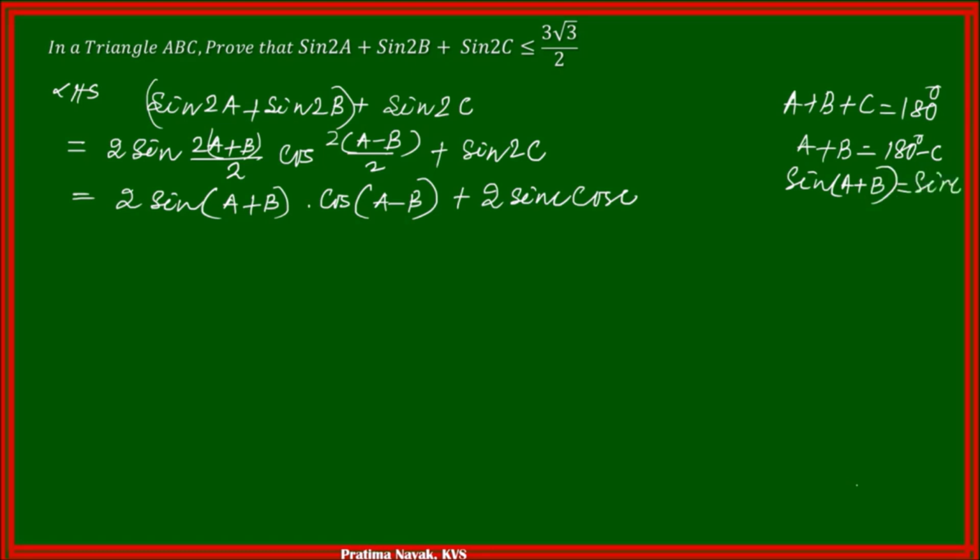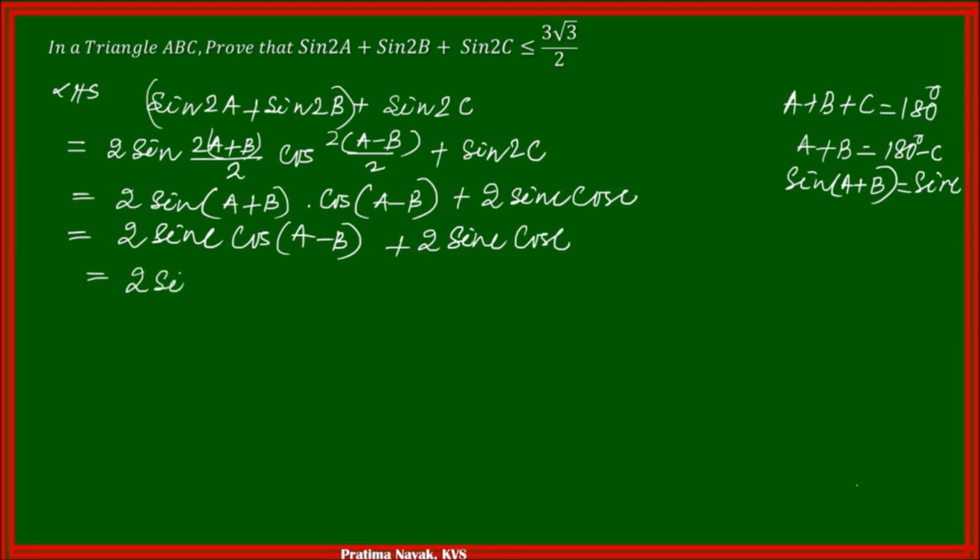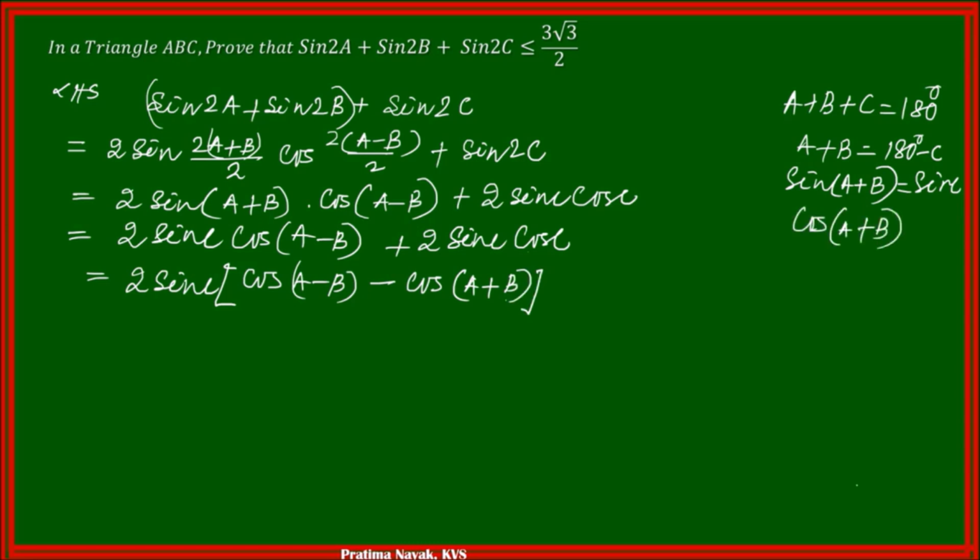This is the same as sine C. So this can be written as 2 sine C cos (A minus B) plus 2 sine C cos C. So taking 2 sine C outside, it will be cos (A minus B), and this cos C I can write as minus cos (A plus B), because cos (A plus B) is cos (180 minus C), which is minus cos C.